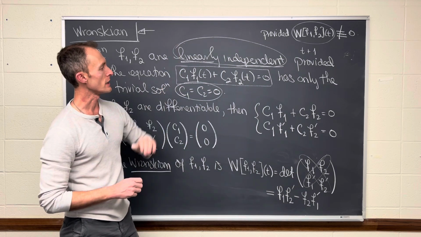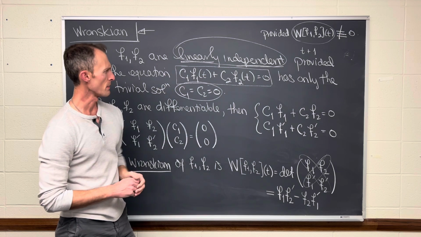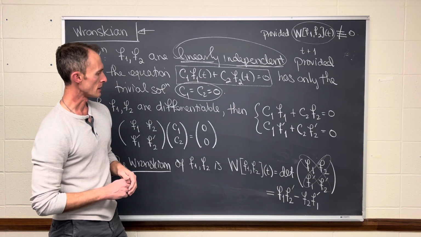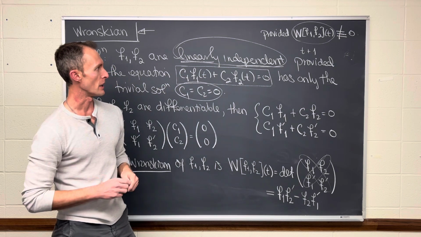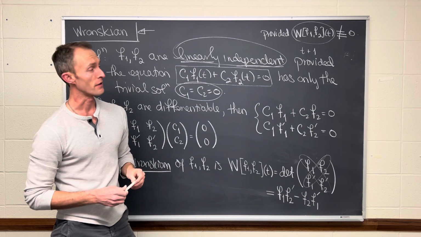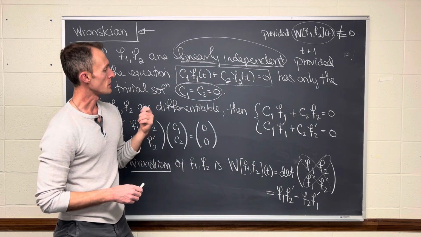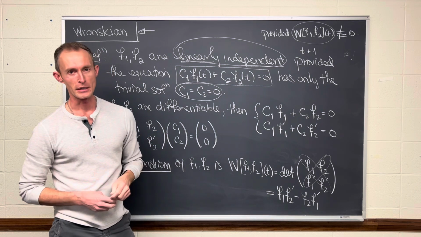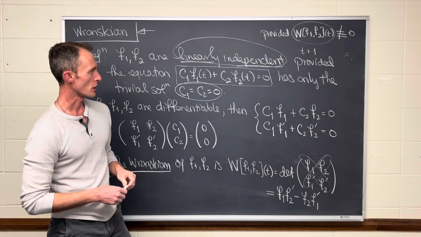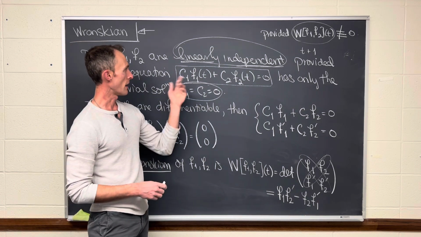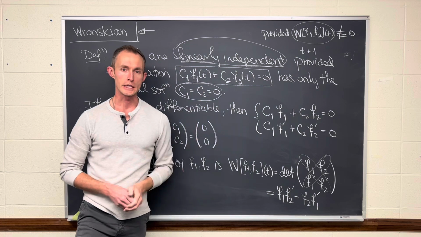So the Wronskian kind of bails us out for determining when f1 and f2 are linearly independent. Again, go and check out all of my linear algebra videos to remind yourself about linear independence, matrices, and determinants. So there you have it: f1 and f2 are linearly independent when the Wronskian is non-zero.